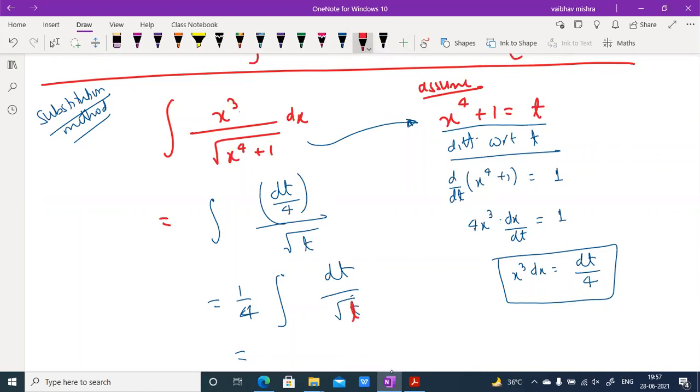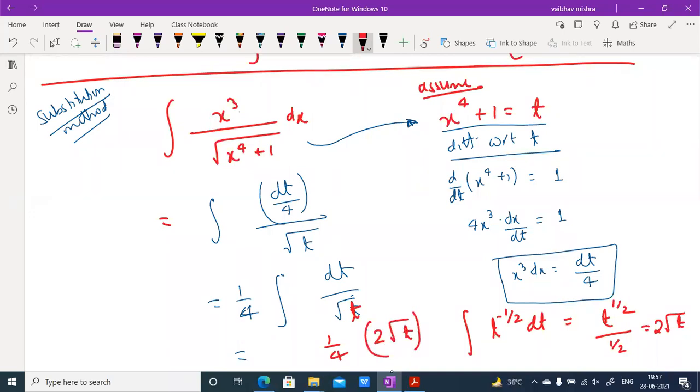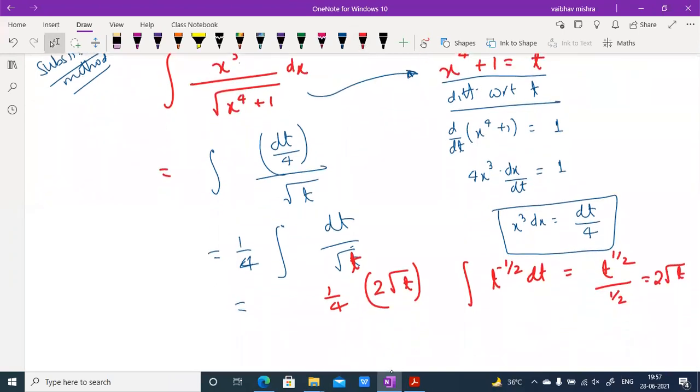अब 1 upon root t का integration is easy because 1 upon root t को हम लिख सकते हैं t raised to power minus half. This on integration gives t to the power minus half plus 1 divided by minus half plus 1, which is 2 root t. So 1 by 4, this integration becomes 2 root t. And substitute the value of t. The value of t was x to the power 4 plus 1.